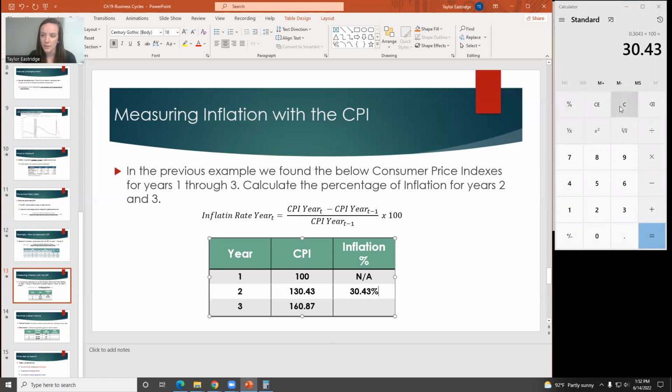In year three, our calculation becomes 160.87, this year's CPI, minus last year's CPI, 130.43, divided by last year's CPI, 130.43, times 100. So our inflation rate in year three is 23.34%.